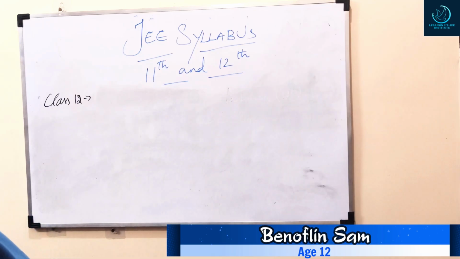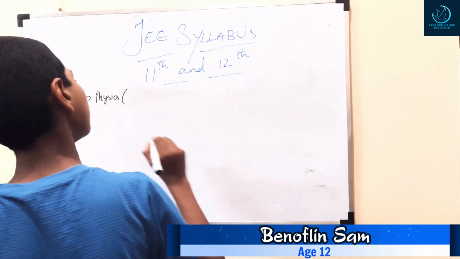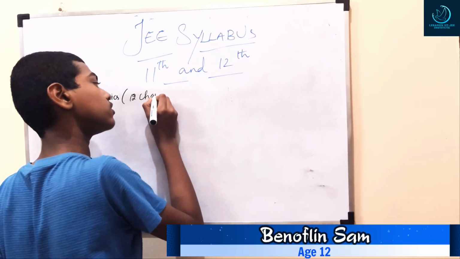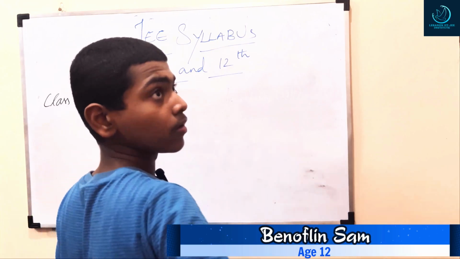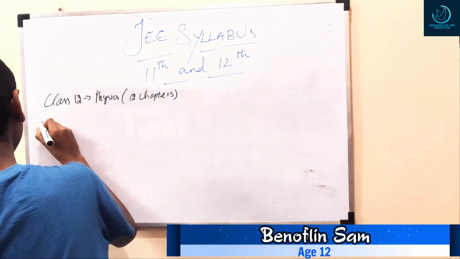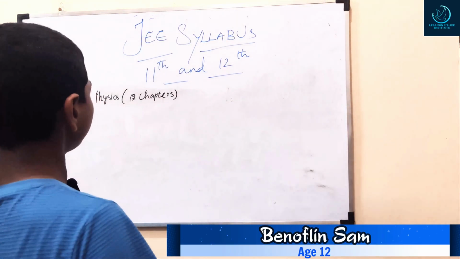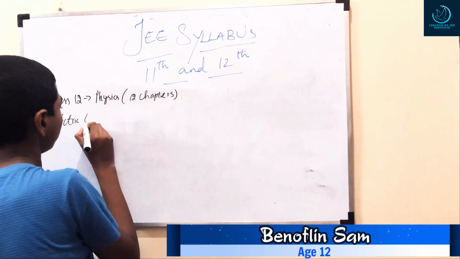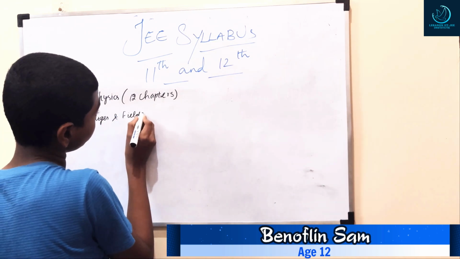The next one you're going to see for 12th is physics. How many chapters are there? 12 chapters. Chapter 1 is electric charges and fields.